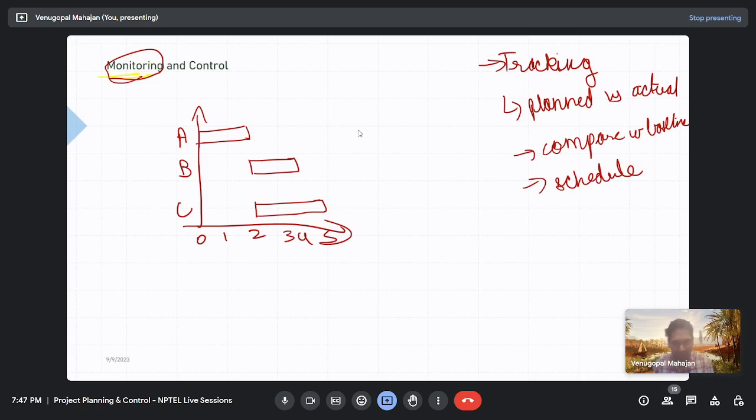Okay, sir. So suppose the activity A duration is 5 days, and for that we need its quantity, something other than duration. So the quantity of A is suppose 5, just a number you consider, and it would be for 5 days.